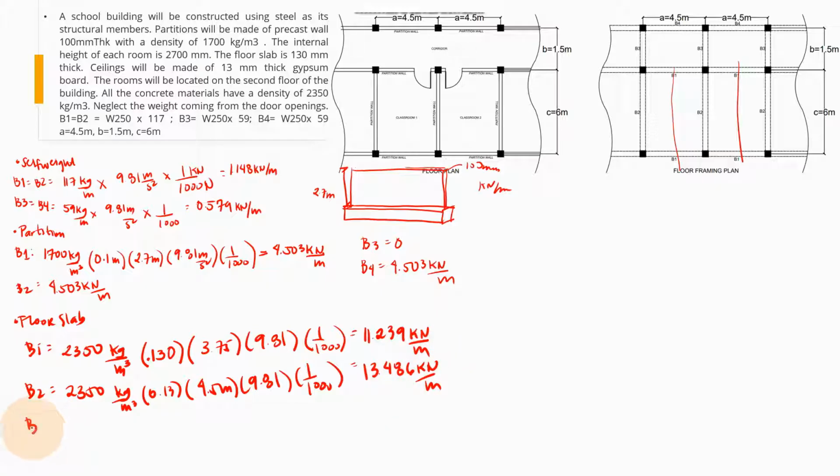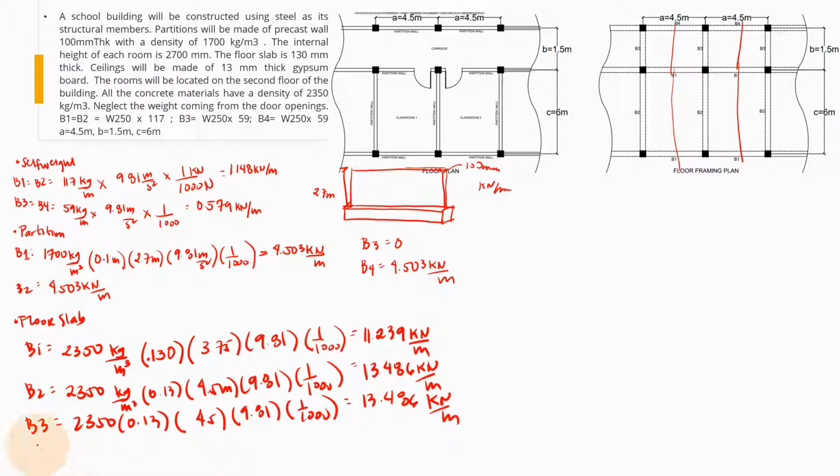And then for our beam 3, so 2350, 0.13. Tributary width ng beam 3 natin, this one. Ayan, so parehas sila ng beam 2. So we have 4.5 multiplied by 9.81 and then divide natin siya by 1,000. So it is same, 13.486 kilonewton per meter. And then for our beam 4, we have 2350 multiplied by thickness and then yung tributary width ng beam 4 is this one lang.